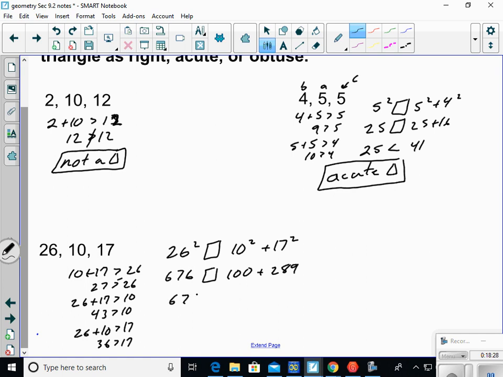So 676 compared to 389. In this case, 676 is definitely greater than 389. So now in this case, yes, our C squared is greater than A squared plus B squared, which makes this an obtuse triangle. Alright, so that completes section 9.1.